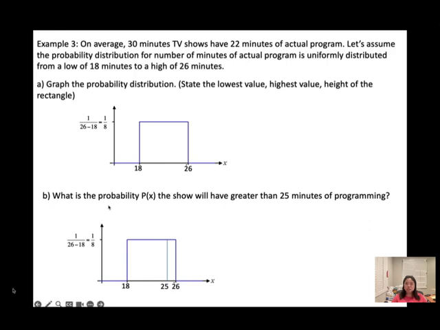So this means find the area of the show that's greater than 25 minutes. So talking about this part here. Okay, so P greater than 25 minutes, we'll be using the formula, the base times the height. The base here will be 26 minus 25 times the height, which is going to be 1 over 8. Okay, so that's 0.125.